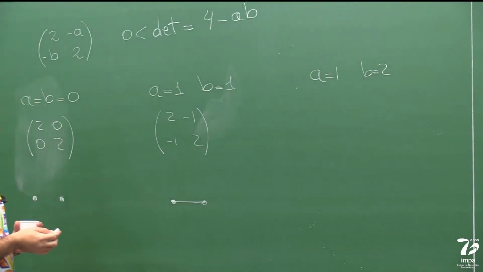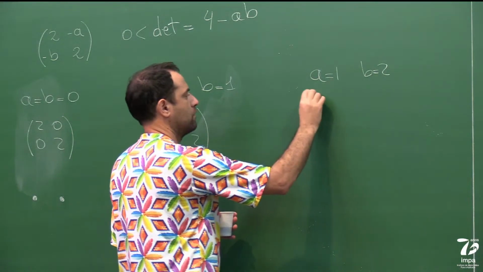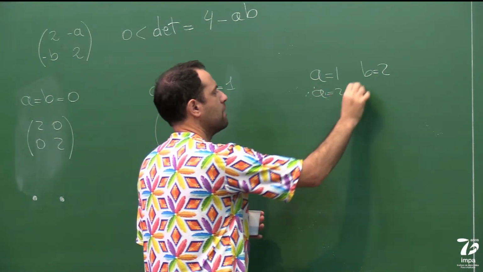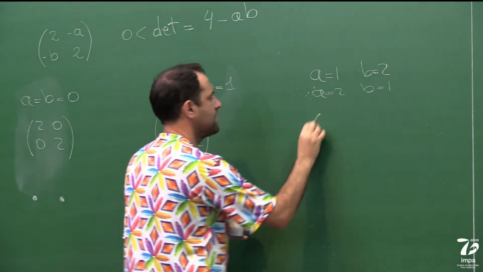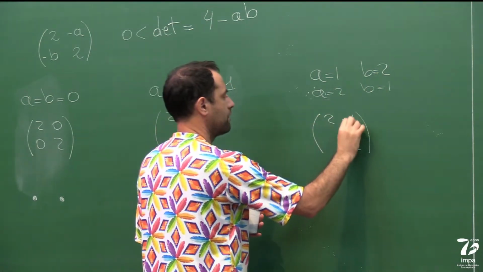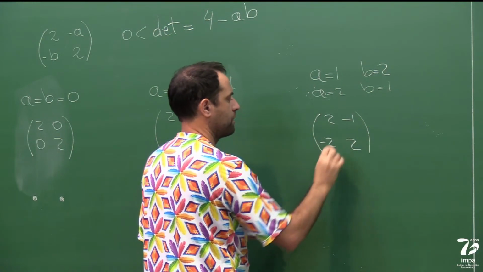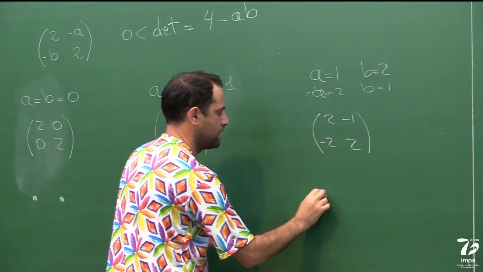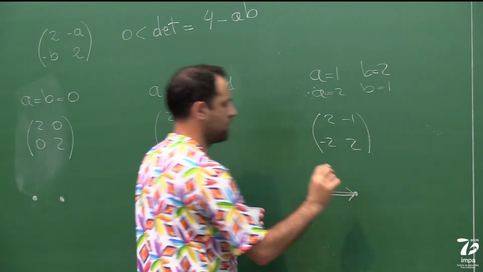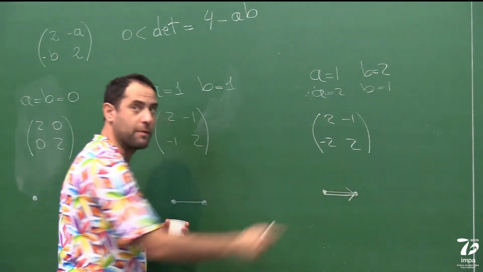The determinant here now is 2. It's 4 minus 2 times 1. Or you can take the transpose. A is equal to 2 and B is equal to 1. And in these cases, the Cartan matrix looks like this, or the transpose. And the Dynkin diagram looks like this. Or you just flip it.